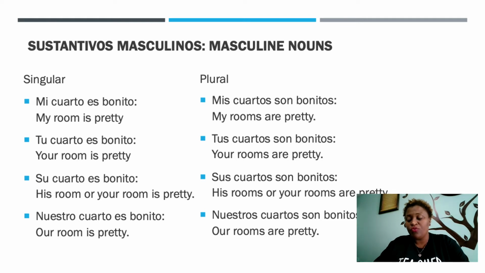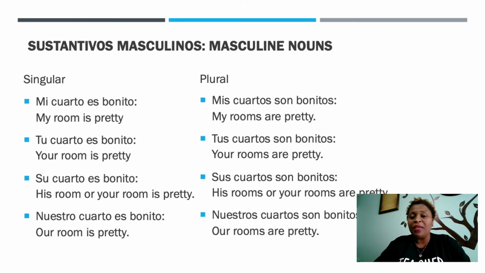If you want to say his room or your room, remember, if you're speaking to a person of authority, an elderly person, as an adult, you would say su, but it can also mean his. So, su cuarto es bonito. Let me repeat that again.